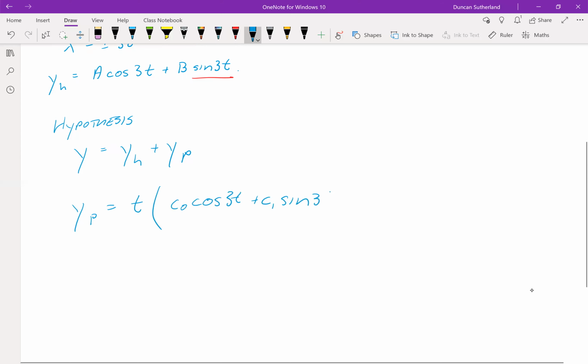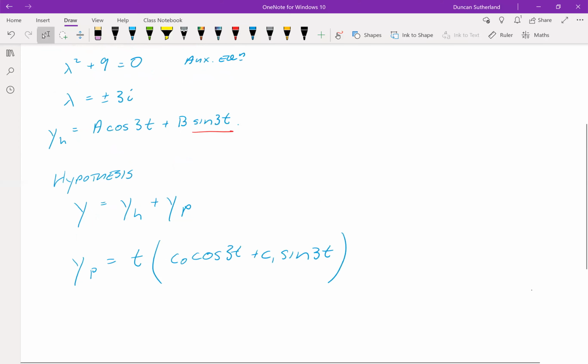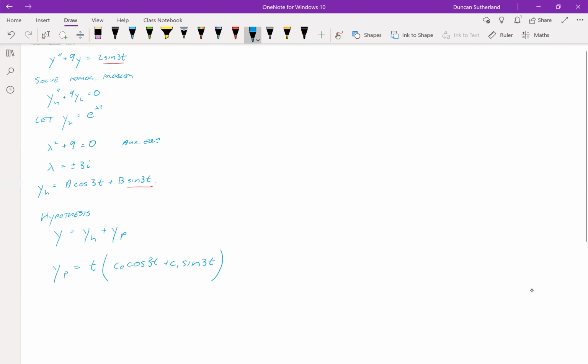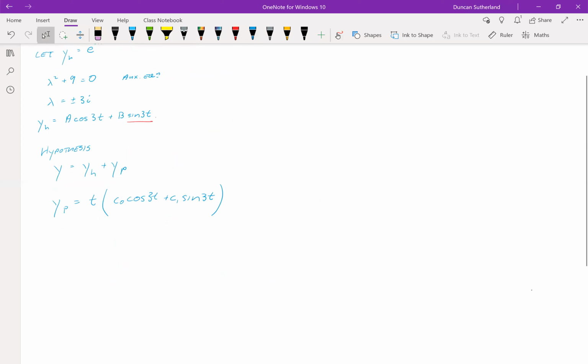So if you've got a sine term in your right-hand side, you need the cosine term in your guess as well, to try and balance everything out. We take this, we'll plug it in there.